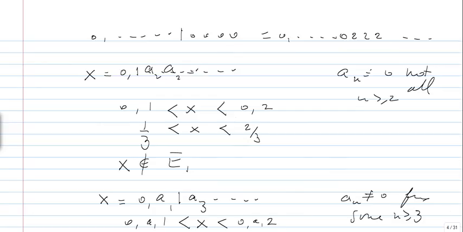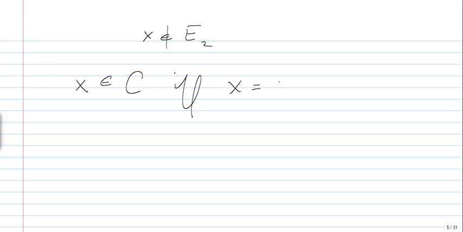Okay? So this x here is not in A2. Okay? So by completing this construction, what happened is if you take x which belongs to C, if and only if your x is, of course, I'm removing 1 because 1 will have the 0, 2.